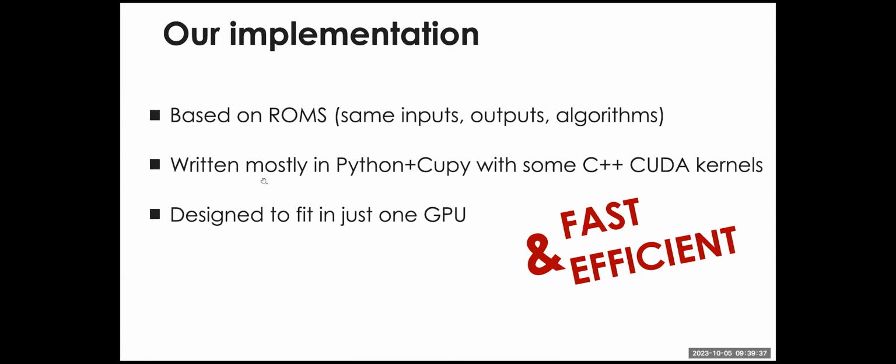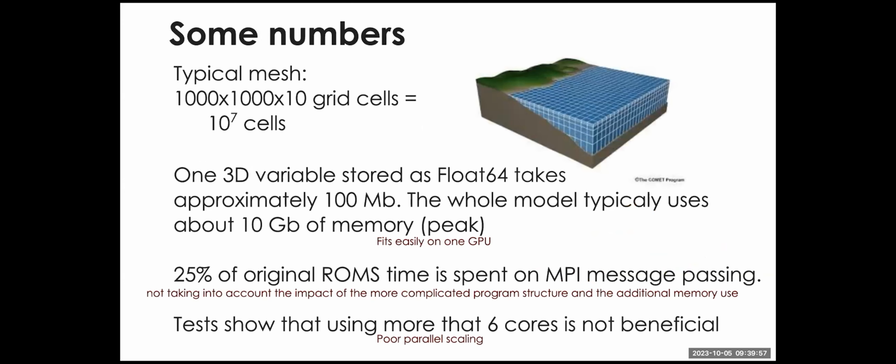So we are writing it mostly in Python plus the CuPy library, by adding also some C++ CUDA kernels in the parts that we need to be really fast. And we have designed it to fit in just one GPU and make all the calculations inside of the GPU. So this has the potential of being fast and efficient.